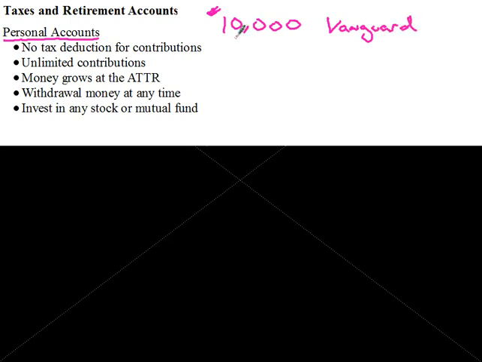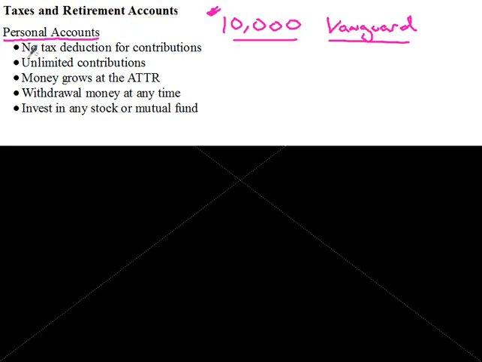What I want to deal with in this video is how that is treated by the government. What are the rules with the tax man with that money? This is not in any type of retirement account. You just put $10,000, let's say, in the S&P 500 index of Vanguard. How's that money going to get treated?